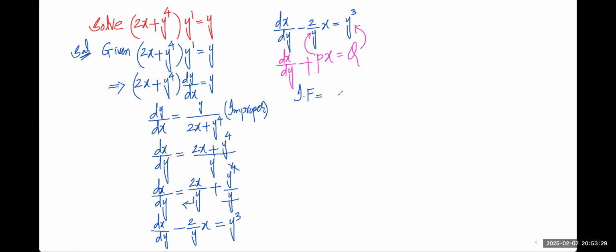Into integrating factor, we got 1 by y square here, is equal to integral of q value, here y cube, into 1 by y square into, sorry, what I wrote is a mistake, dy will come here. Erase it and write it.